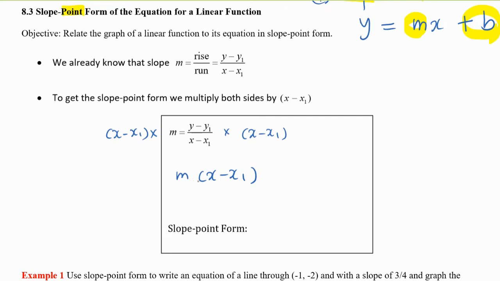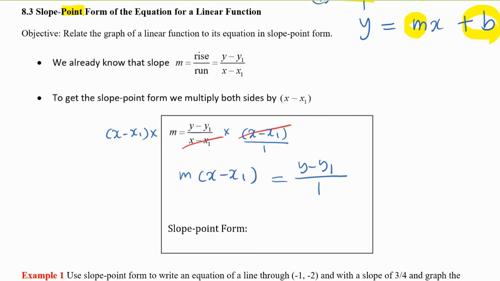So m times x minus x1, and the right hand side will be y minus y1 over x minus x1 times x minus x1 over 1, which is hiding, right? In this case, we can cancel these out. Then what we get is y minus y1 over 1.